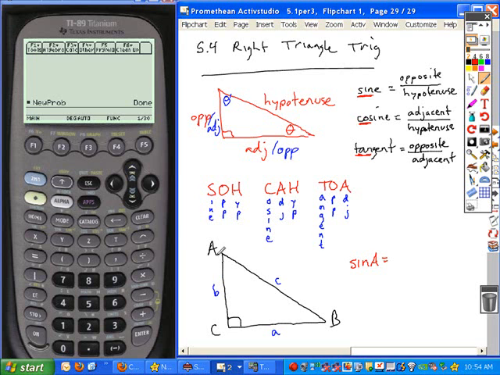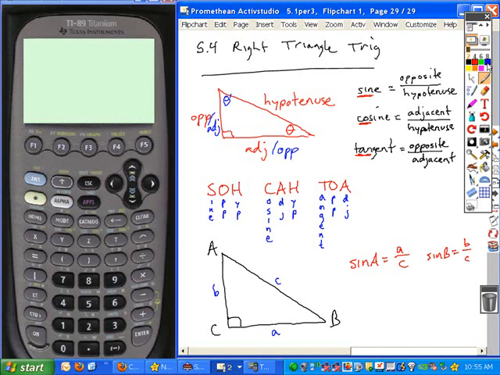So what leg is opposite angle A? a. And what's the hypotenuse? c. Okay, what if I say the sine of B? The sine of angle B is the opposite b over the hypotenuse c.